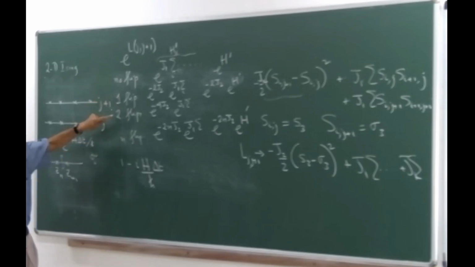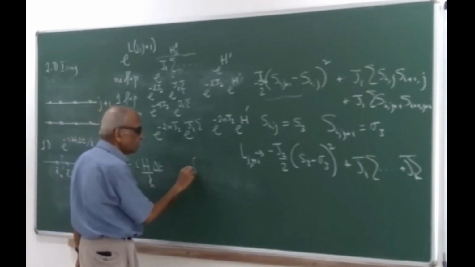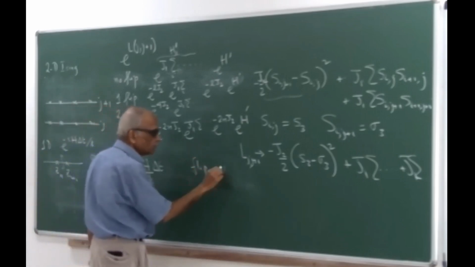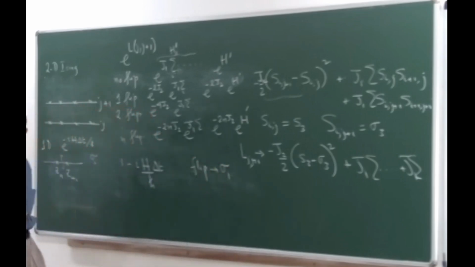Two means that you have flipped at two sites, but at each site, the flip is determined by the Pauli matrix sigma 1. So sigma 1 is the flip, and it determines the flipping business.